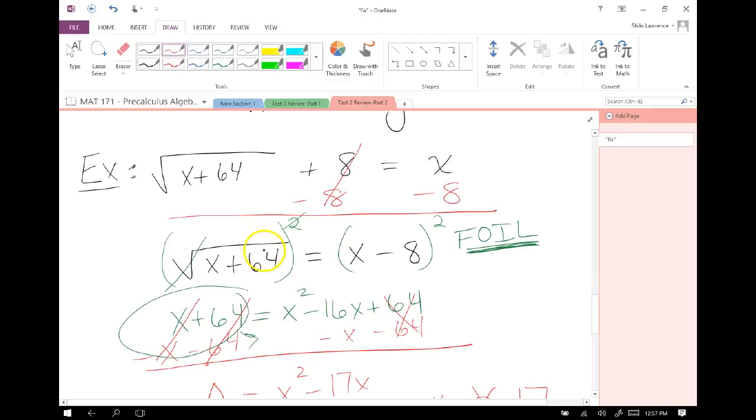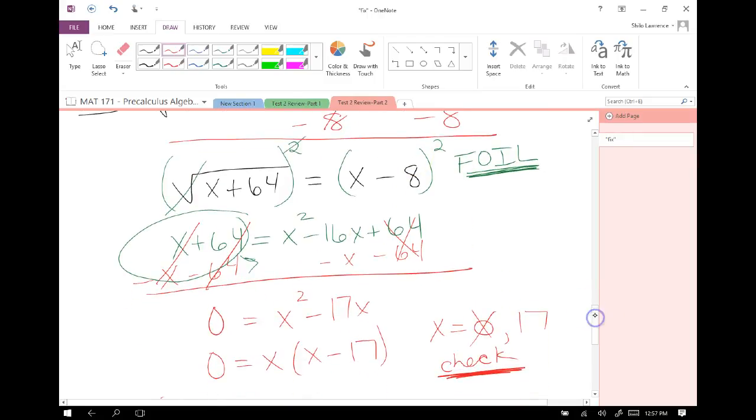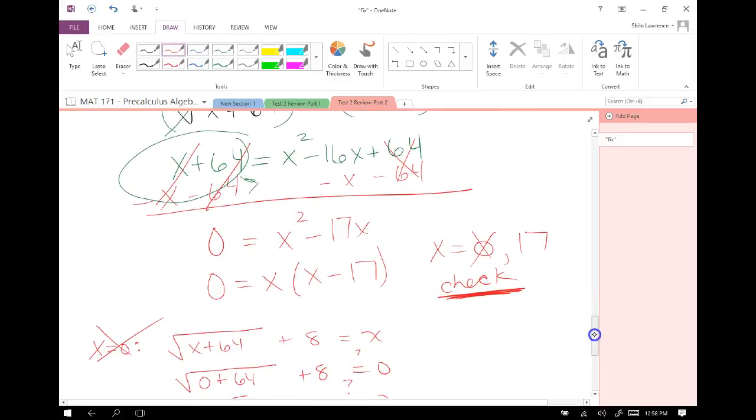Once the root is all by itself, we can use a power that will cancel the root. We do it once to both sides of the equation. That's what keeps the equation the same as the original, and cancels the root, and then we should be left with a linear or quadratic to solve. But you've got to check your answers.